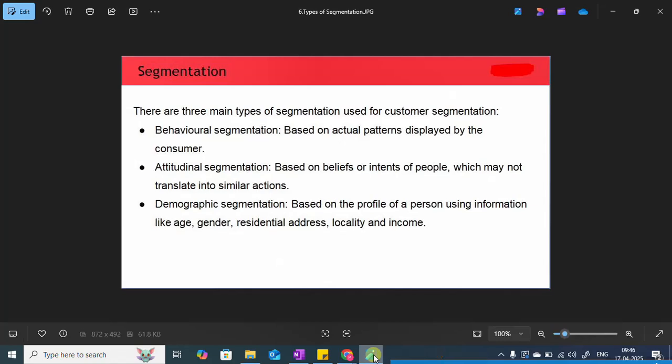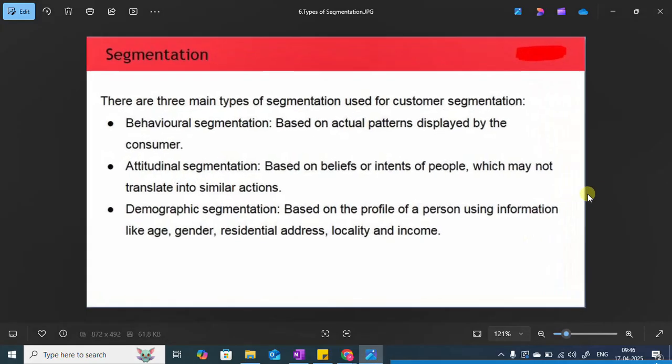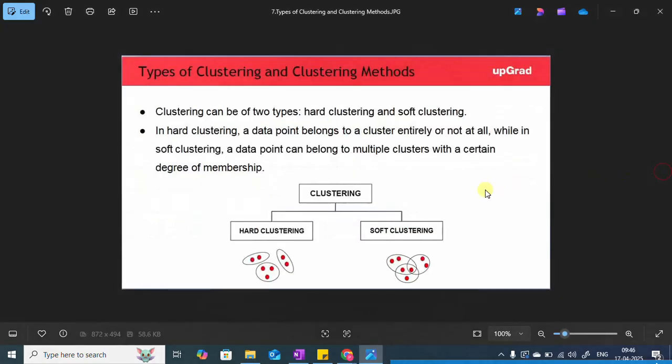And what is demographic segmentation? Based on the profile of a person using information like age, gender, residential address, locality, income, and so on. That is called demographic, which is personal, secure information. Clear? That's all about the different types of segmentation.